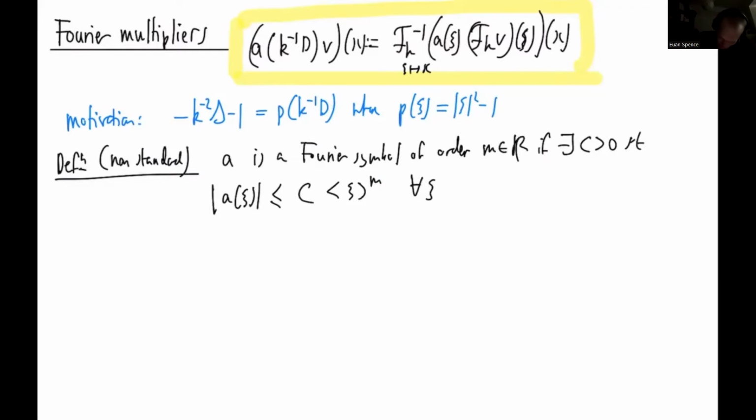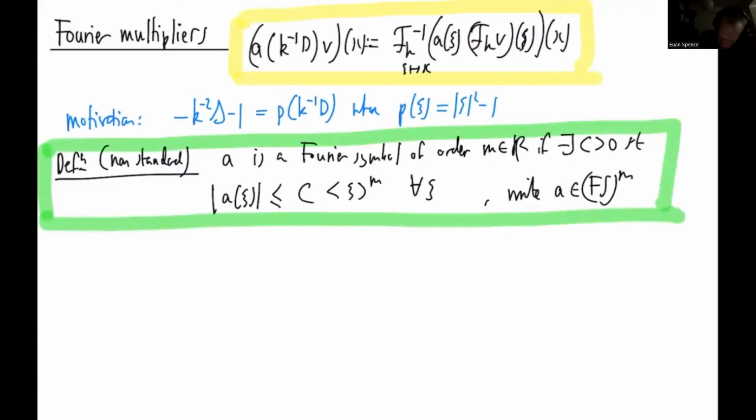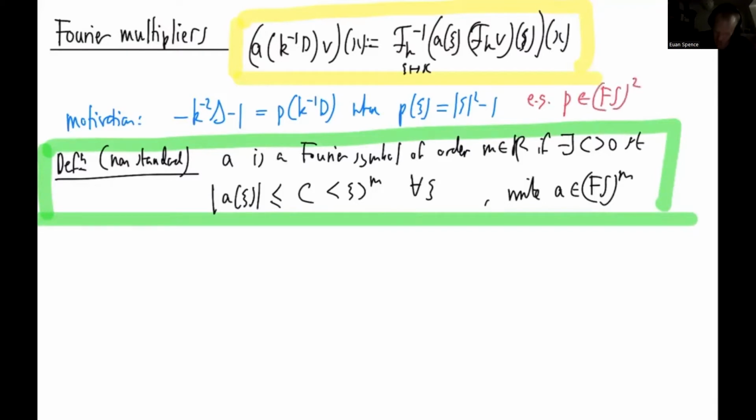And we'll write that a is in FS^m if it satisfies this growth condition. It's a growth condition at infinity in the psi variable. Example number one: this p defined here is a Fourier symbol of order 2, because I've got this psi squared here.